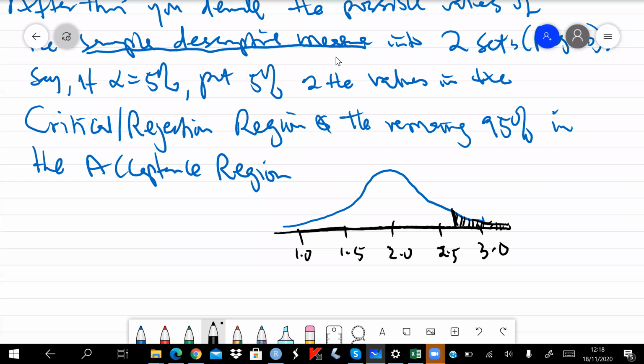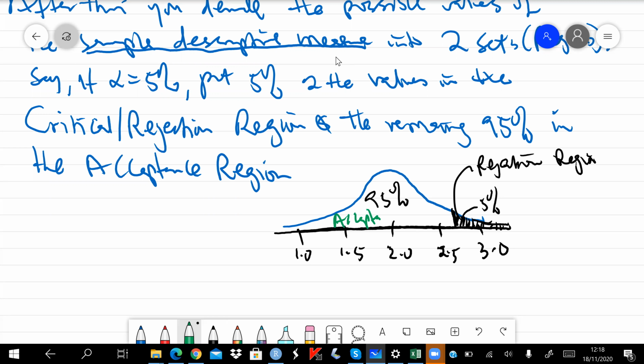You put 5% of all the possible values of X bar on one set, the shaded part, which is called the rejection region. And then the remaining 95% is called the acceptance region.